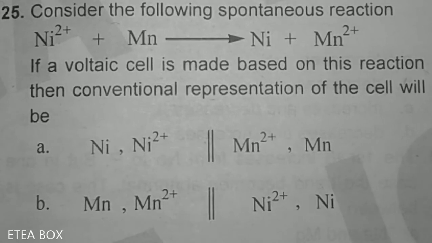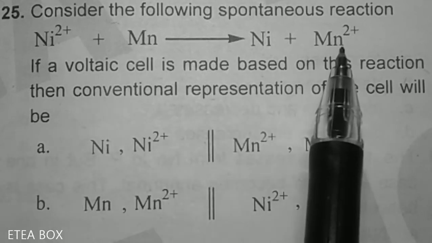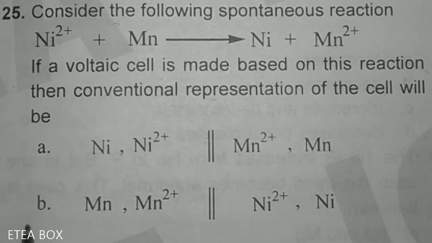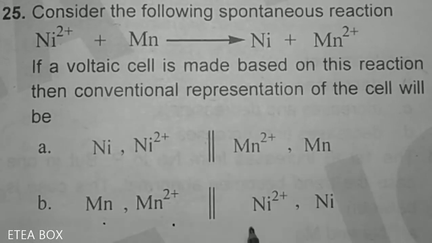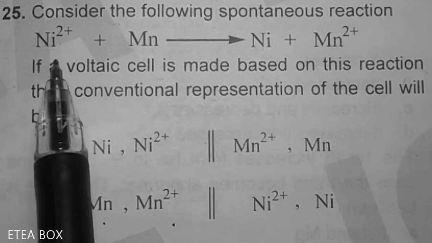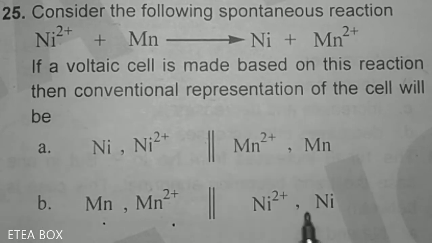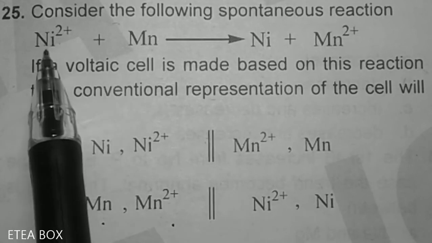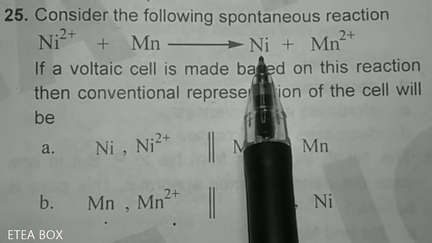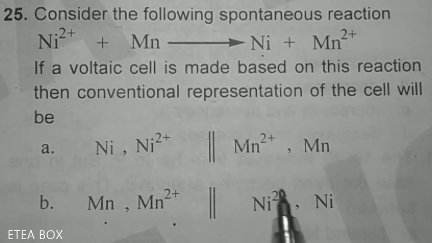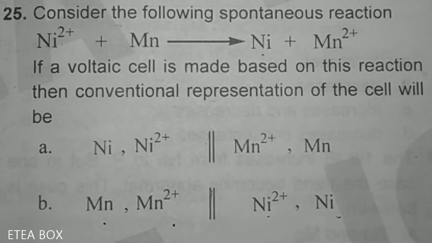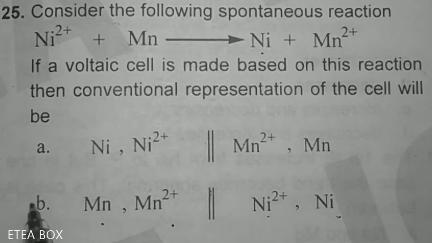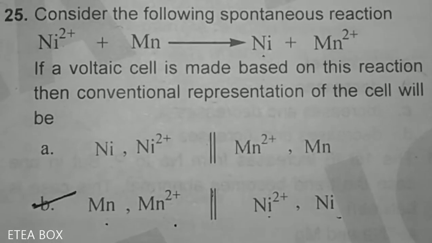Anode is that one in which the oxidation occurs. Look, oxidation has occurred on manganese. So look at the B option, oxidation occurred at manganese. Now the next rule is that we have to write the cathode half reaction on the right side. Look, reduction occurred at nickel, which means that it will act as cathode, so we have to write it on the right side. The third rule is that we just draw the 2 slashes between them. So here option B is correct.